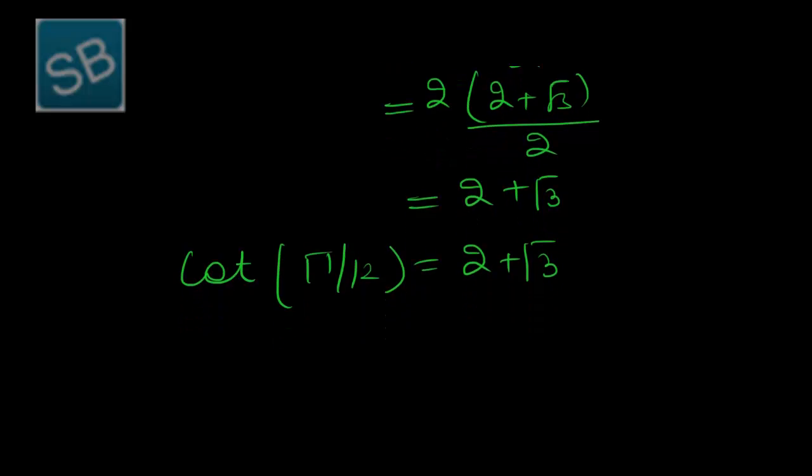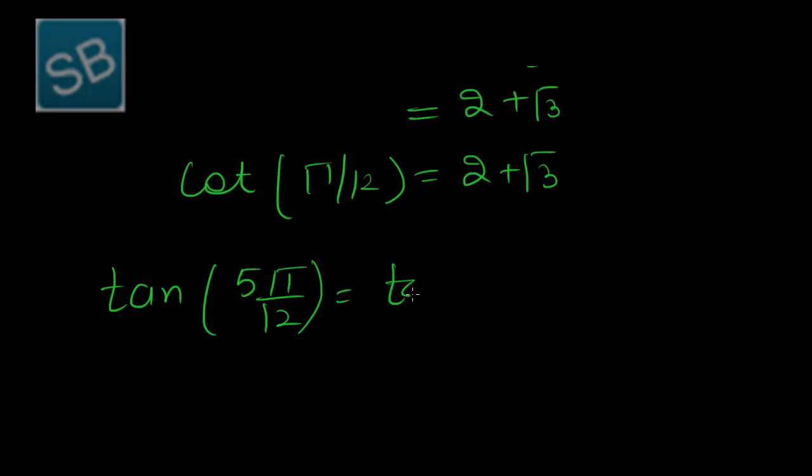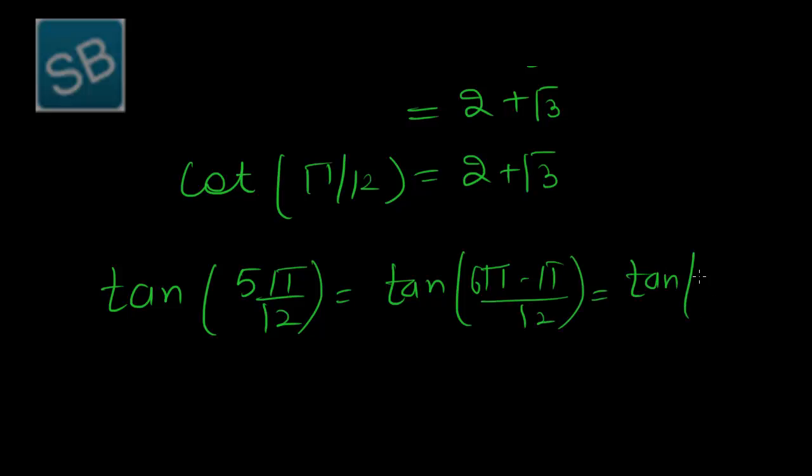Now by using these two values we can also find the value of tan 5 pi by 12. 5 pi by 12 can be written as (6 pi minus pi) over 12, that is tan (pi by 2 minus pi by 12).